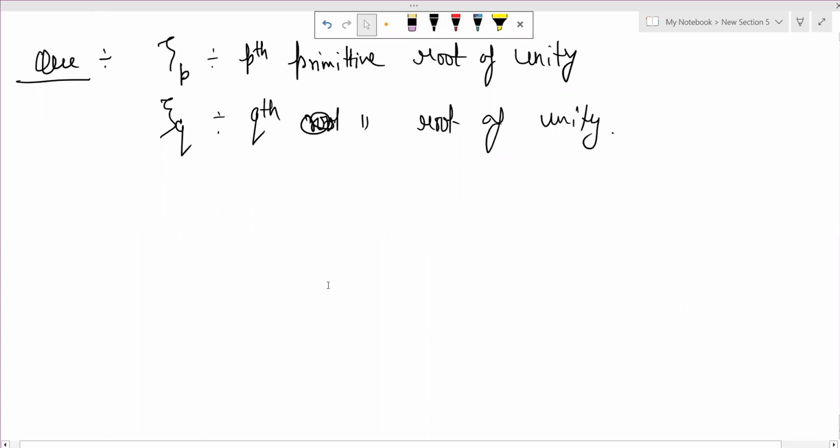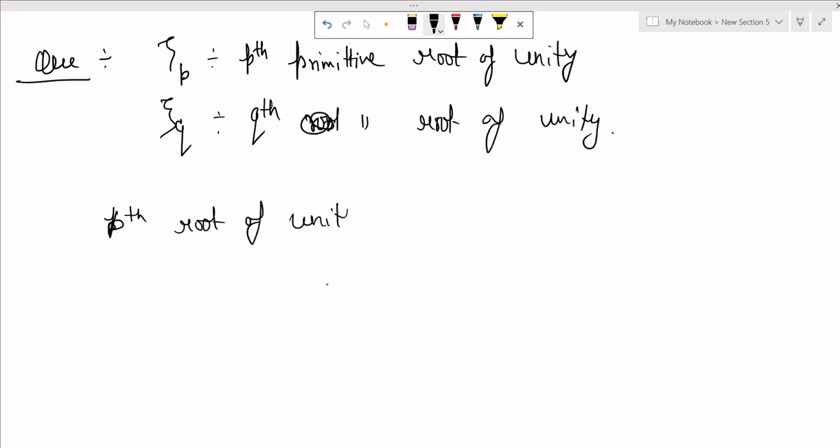What is the pth root of unity basically? Sir, the roots of the polynomial x to the power p minus 1 equals 0.